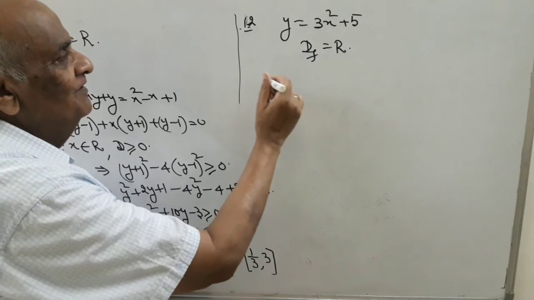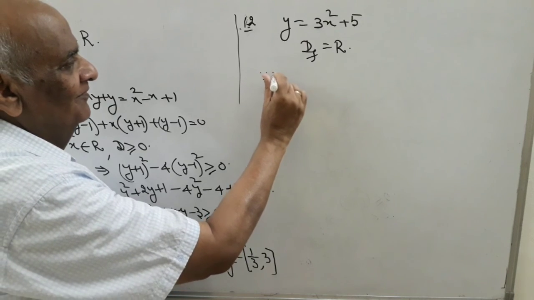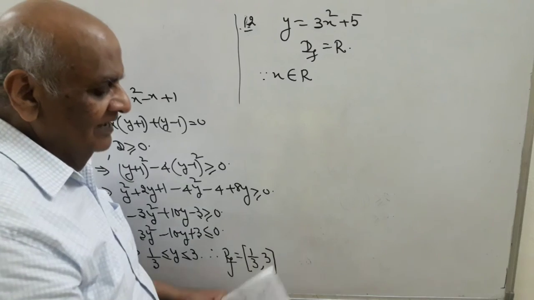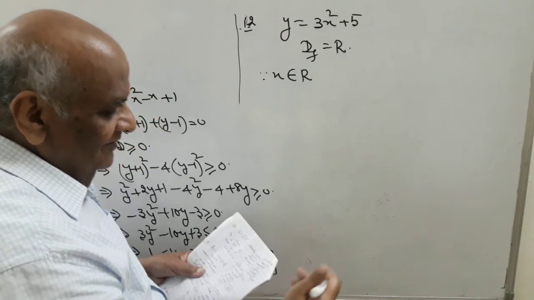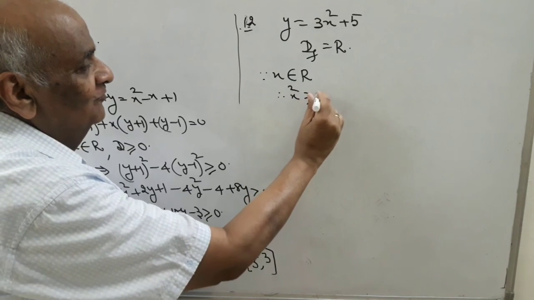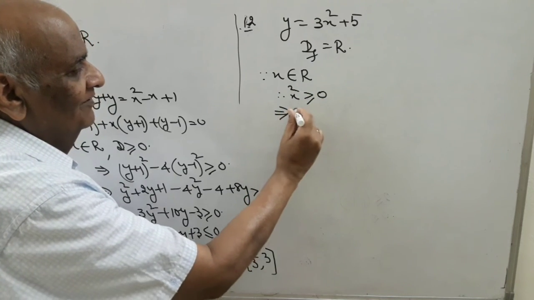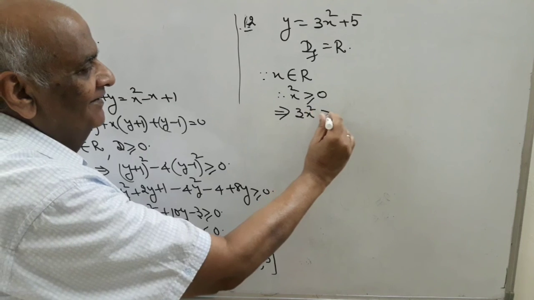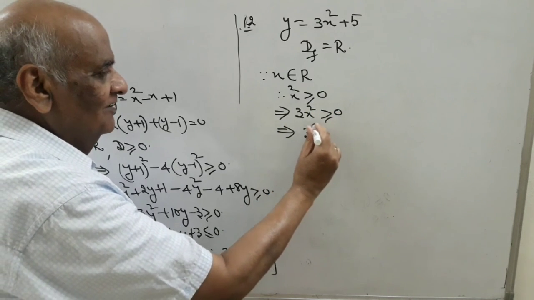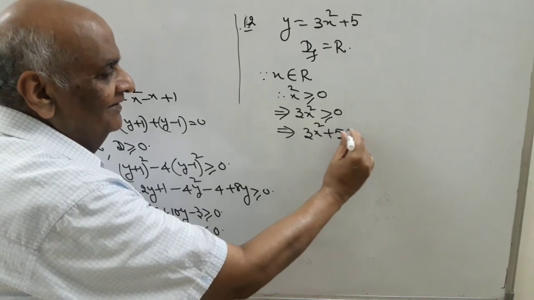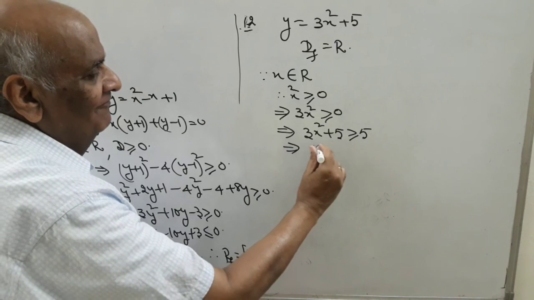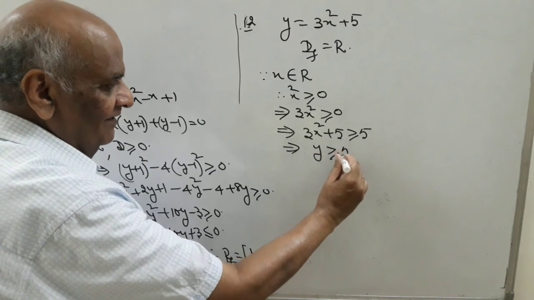For the range, because x belongs to R, x² ≥ 0 implies 3x² ≥ 0 implies 3x² + 5 ≥ 5, so y ≥ 5.